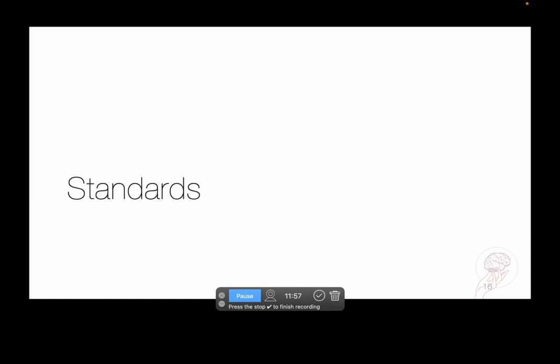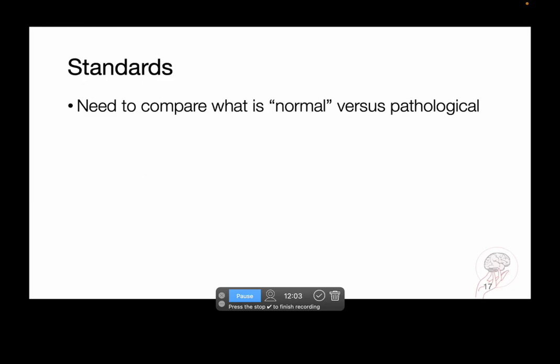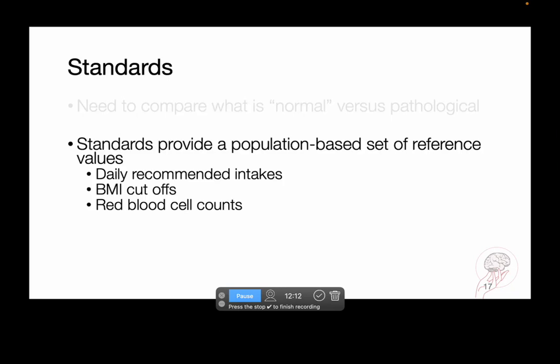All right, before we move on, we have to take a brief sidebar into standards and statistics. Standards are what are needed to compare what is quote unquote normal versus pathological. Standards provide a population-based set of reference values.